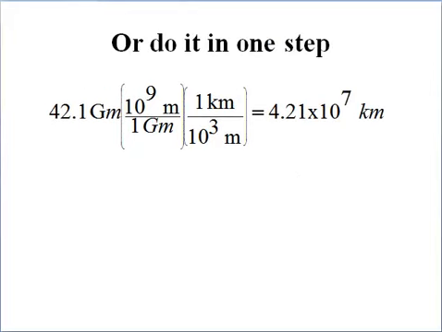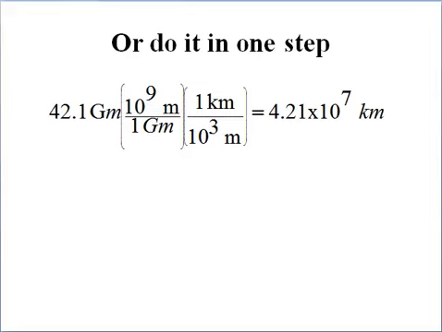This problem can also be done in one step. Here is the number we start with, 4.21 gigameters. That's multiplied first by a conversion factor which converts from gigameters to meters. And then, since this times this has units of meters, it can be multiplied by a conversion factor that converts from meters to kilometers.